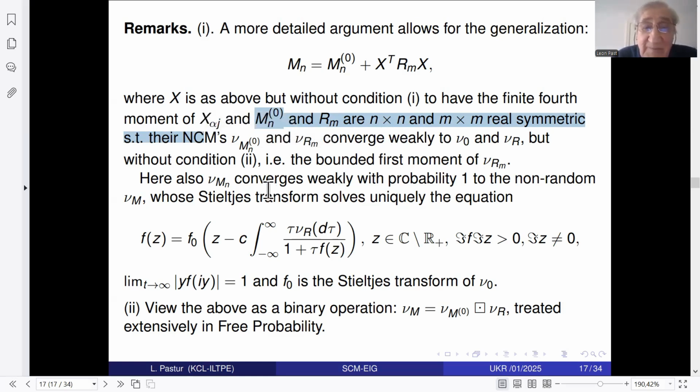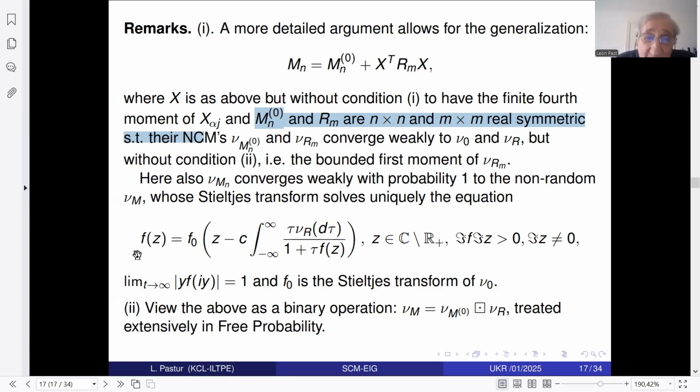Then we have the same assertion: the eigenvalue normalized counting measure of Mn converges to a non-random limit, and its Stieltjes transform can be found from a similar but a bit more complex equation written here.